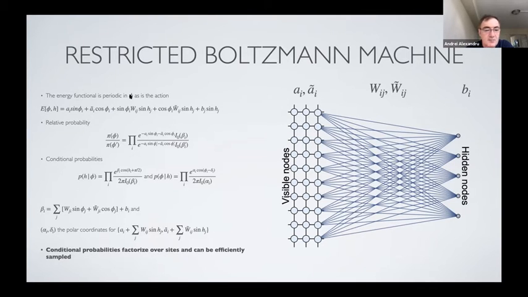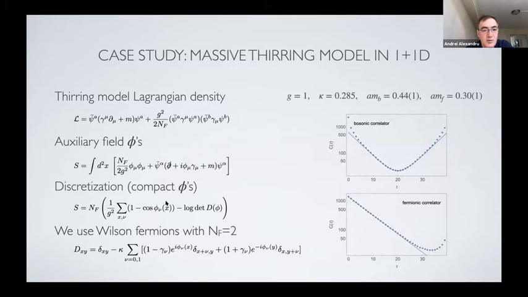Maybe I didn't make this point. Let me go back for a second and point out that in the auxiliary field action, you have this periodic function of phi, and moreover, in the fermionic matrix that appears in the determinant expression, the auxiliary fields also appear in a periodic manner.